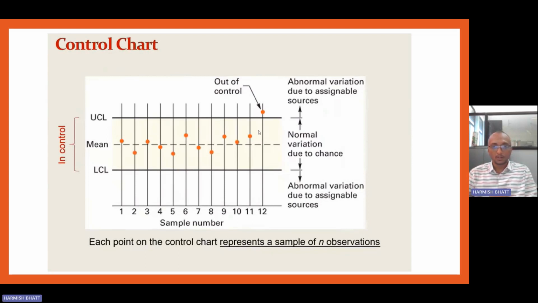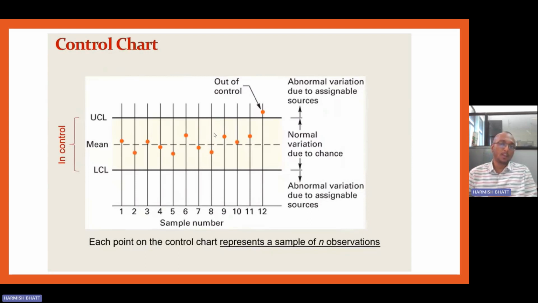Over here, with light yellow color, the area is highlighted, which is nothing but the normal variation due to chance. It means that if all the data points, or all the mean points, are available in this region, then we can consider the process is under control.